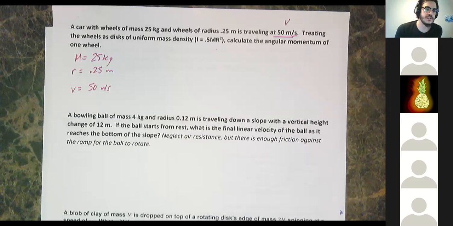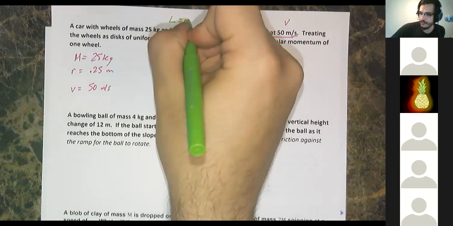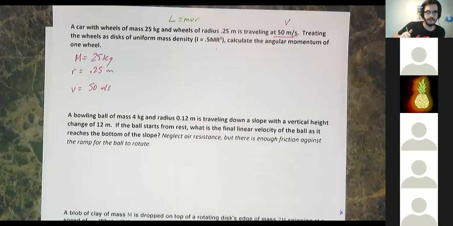What is the relationship between mv and r when it comes to angular momentum? Well, if you watch the video, I gave you this derived form of it. L equals mvr. So you're thinking, all I have to do is multiply these guys together and I am done.